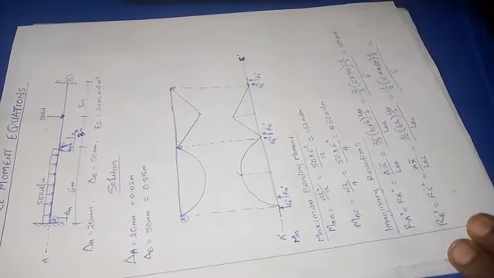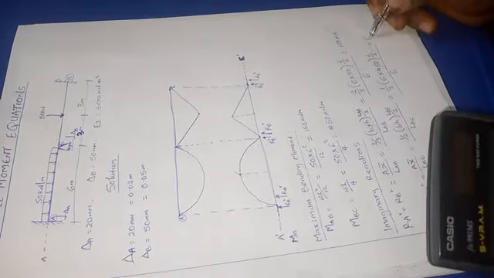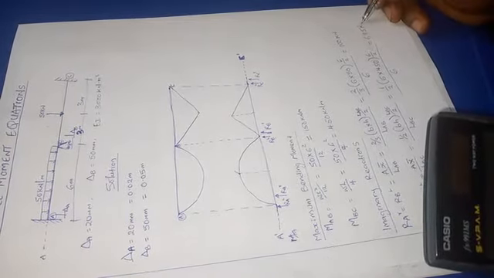So if we calculate this, we have 1 over 2 times 6 times 450 times 3 divided by 6, giving me 675 kilonewton.